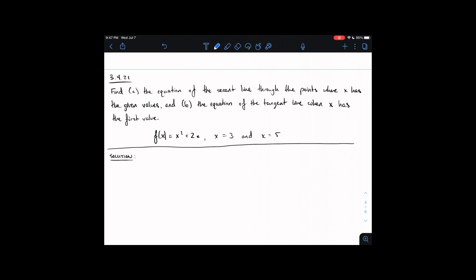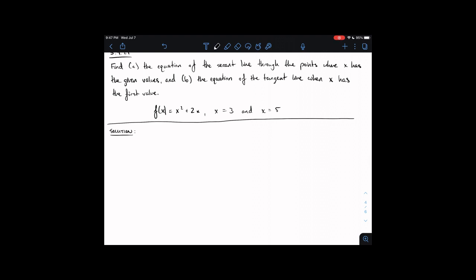So in order to find the secant line through the points, now remember, if we want the secant line, let's see if I remember how to draw this. It should look something like this, maybe. Doesn't really matter that much. So let's say here's 3, here's 5, here's that point, here's this point.